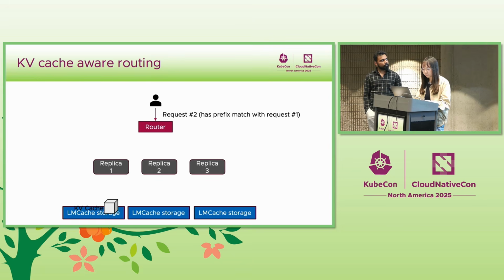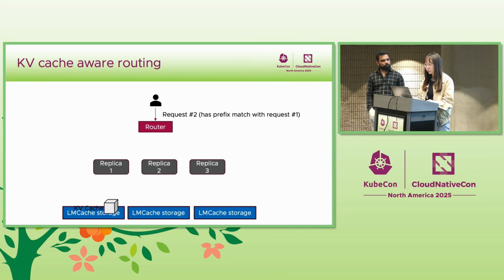Next time, request number 2 has a prefix match with request number 1. So now what should we do? The router here, for KV cache aware routing, will see which replica has the cached KV. With this, you will enable the KV cache manager written in LMCache.